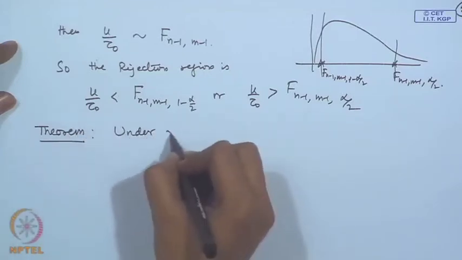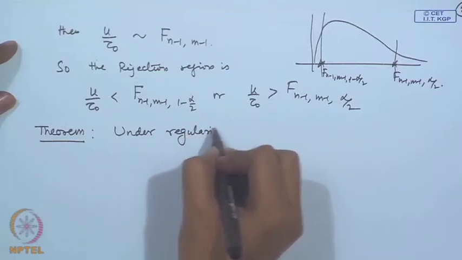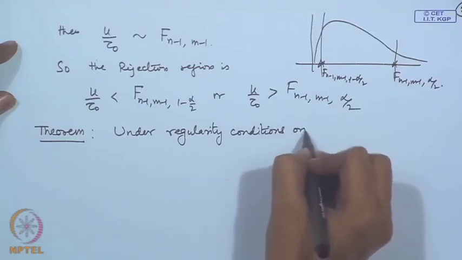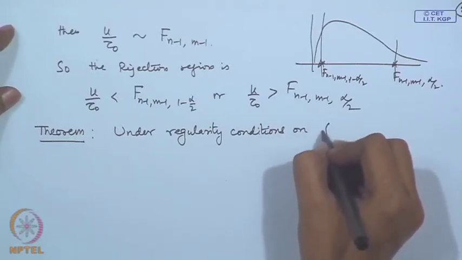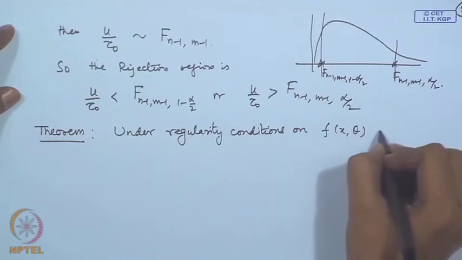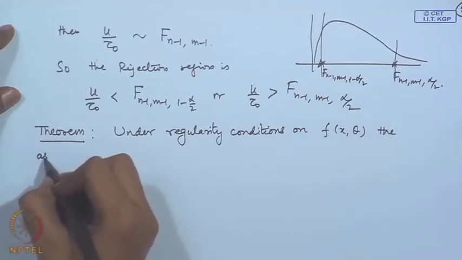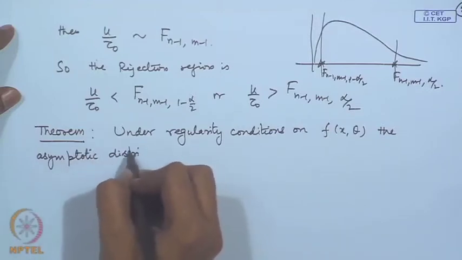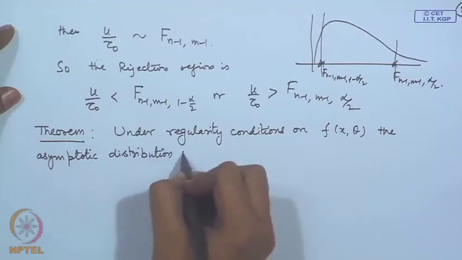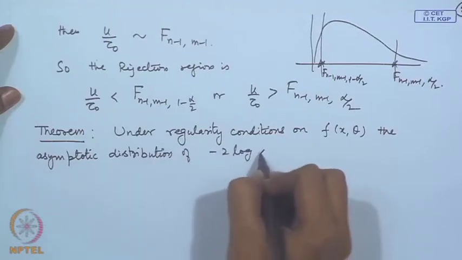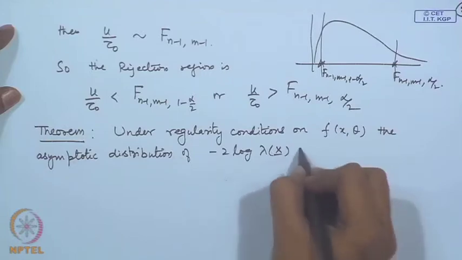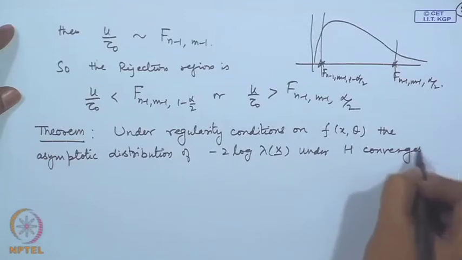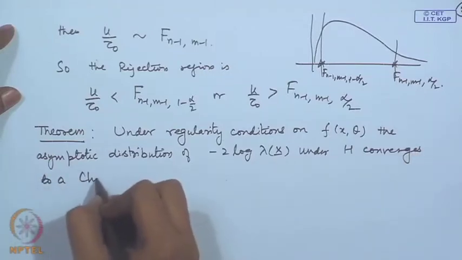Under regularity conditions on f(x, theta), the asymptotic distribution of minus 2 log lambda(x) under H converges to a chi-square distribution.